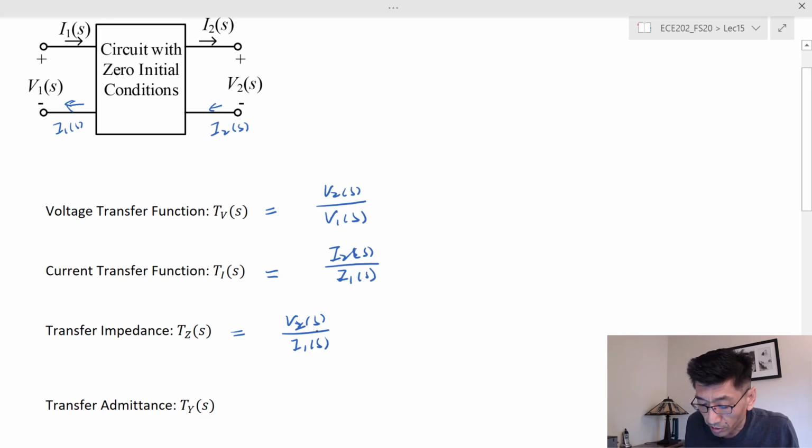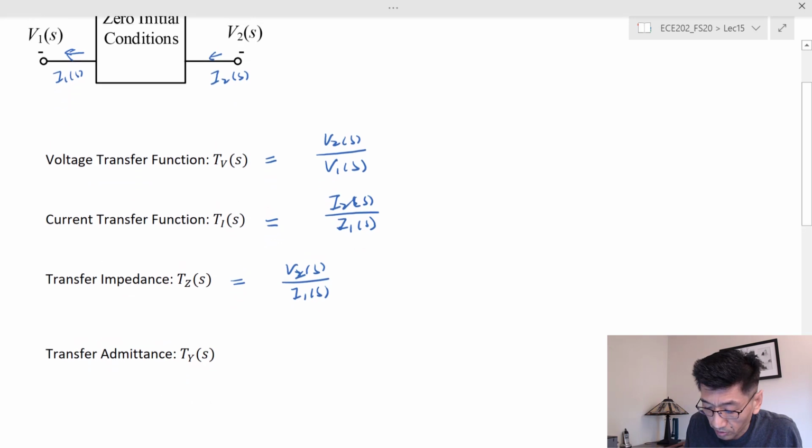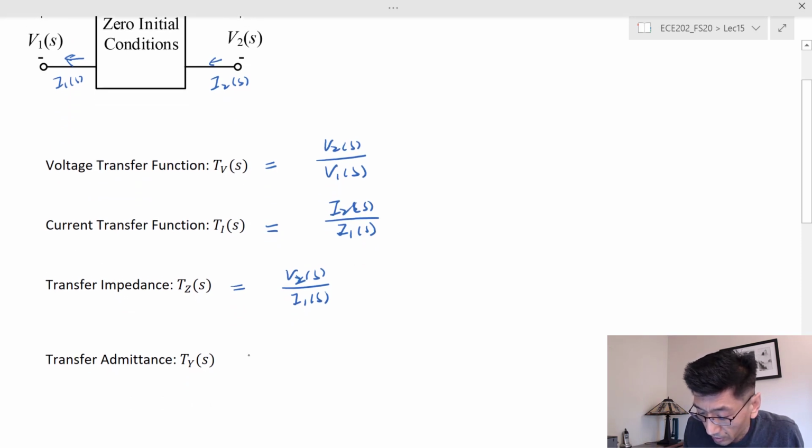This is the ratio we call the transfer impedance, because these are on two different sides, right? And we also have a transfer admittance, and in this case I2 would be the output, and V1 would be the input.